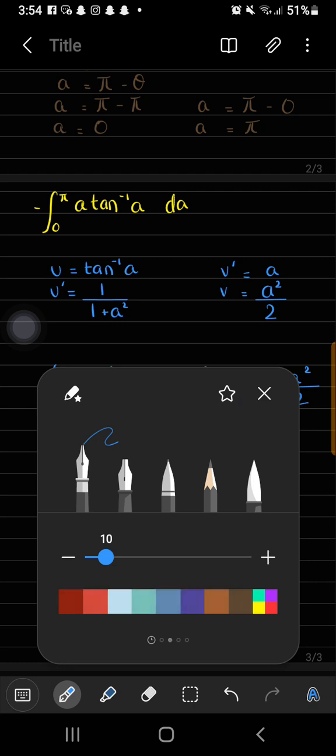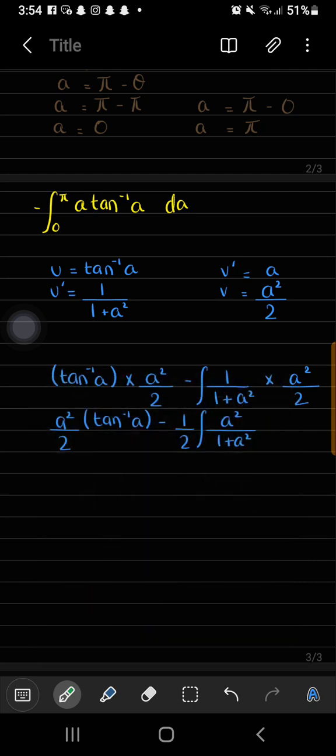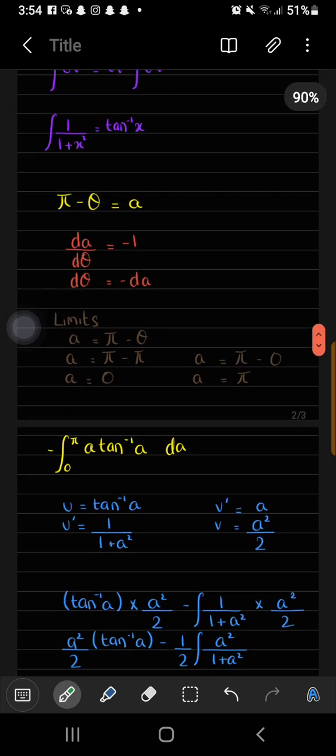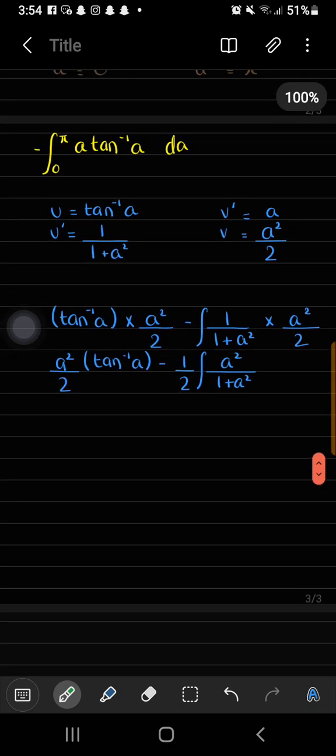So I am again changing color. I'm going with this color. There are multicolors in this part. So a square divided by 1 plus a square.